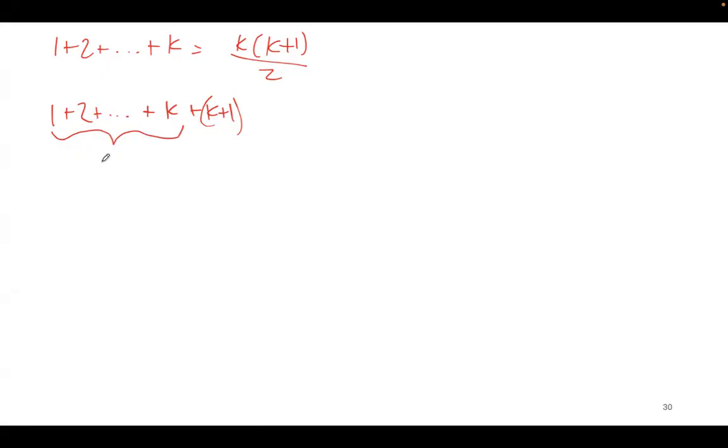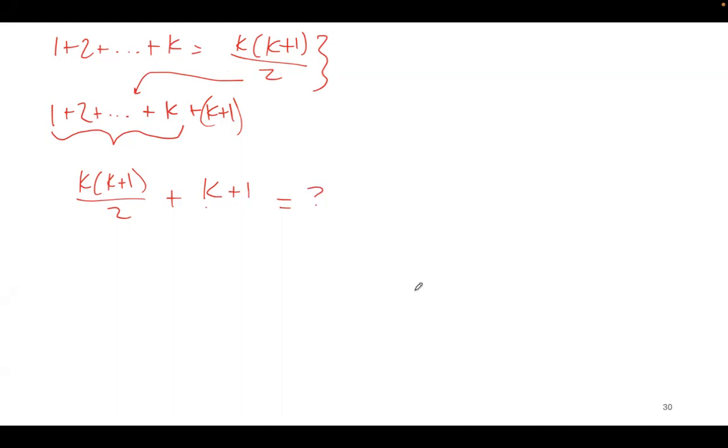We know what that is, right? By our hypothesis, we've said that it's equal to this. So we can just stick that right there and say that k times k plus 1 over 2 plus k plus 1 is something.